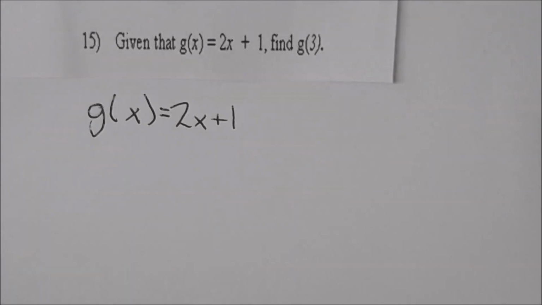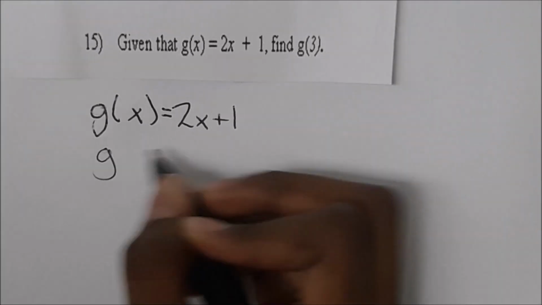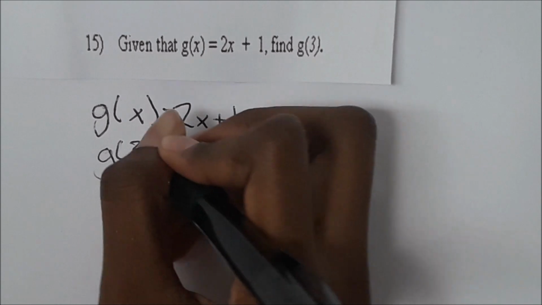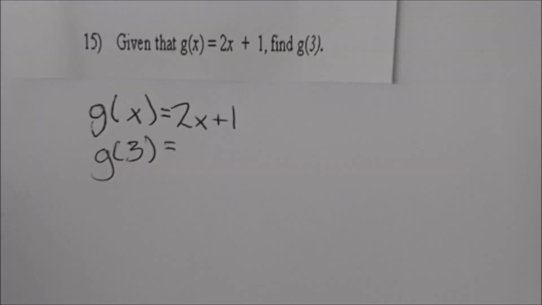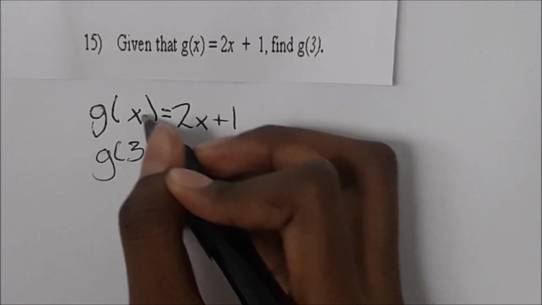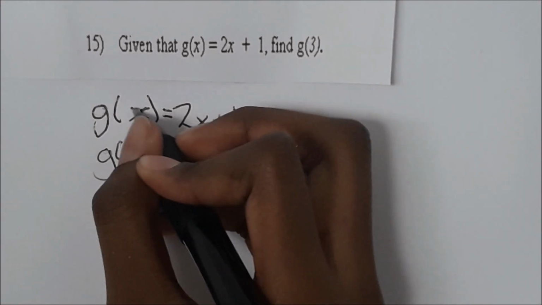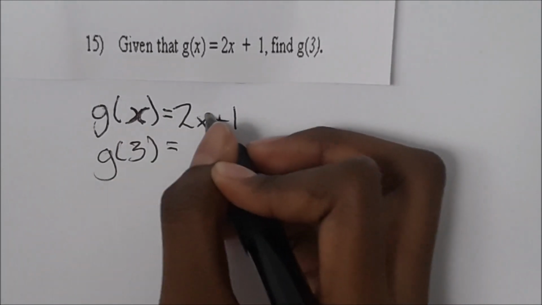Replace the x with 3. So put g of 3 equal to. Now, where you have those x's at the top, make them curvy so you don't get mixed up with the multiplication sign. So you know that's an x and not the multiplication sign.